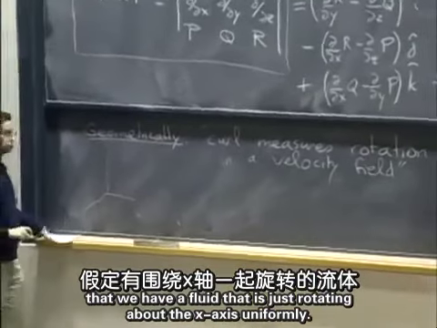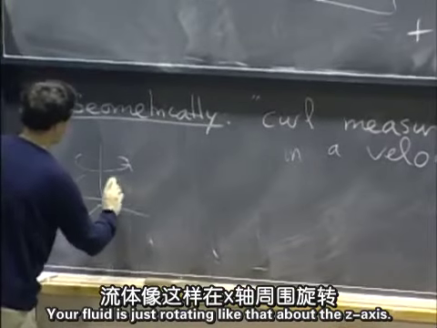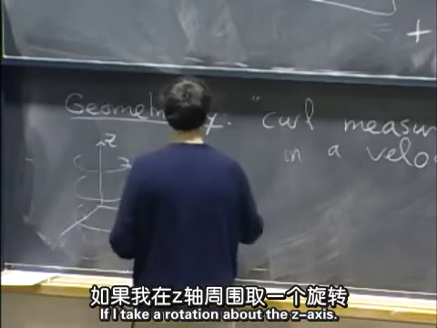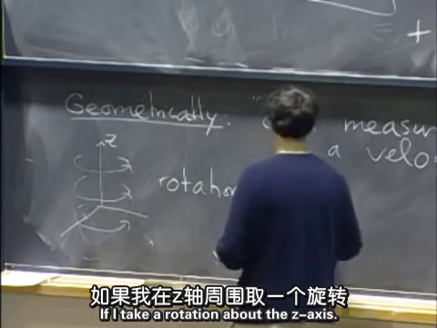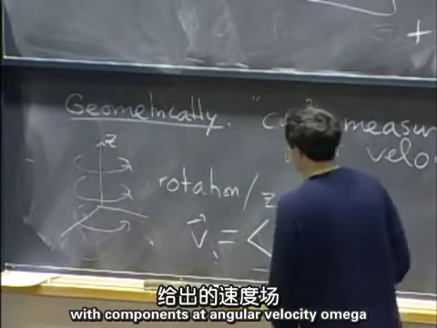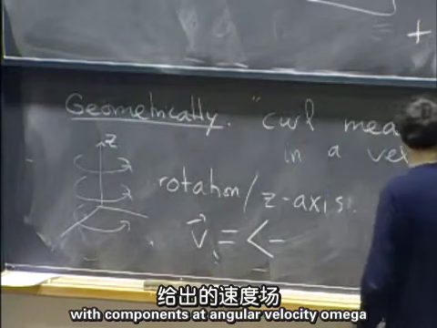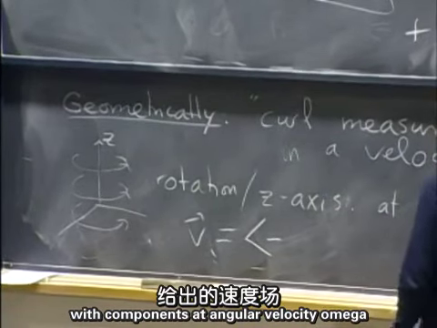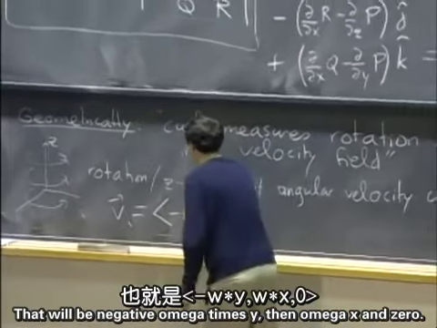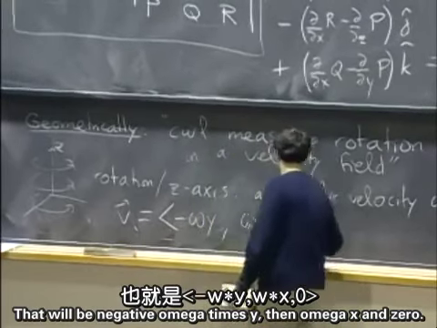Say that we have a fluid that's just rotating about the z-axis uniformly. So your fluid is just rotating like that about the z-axis. That's given by a velocity field with components, let's say at angular velocity omega, negative omega times y, then omega x, and 0.